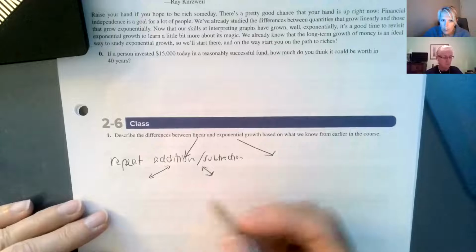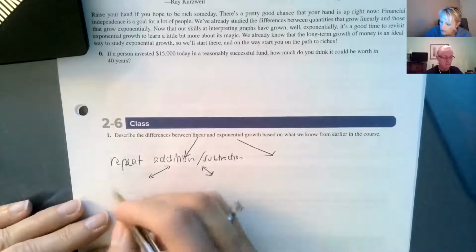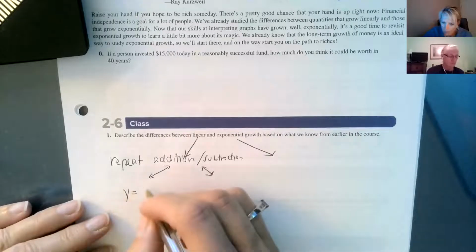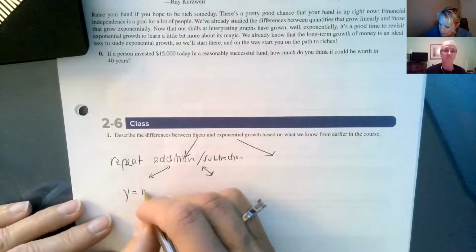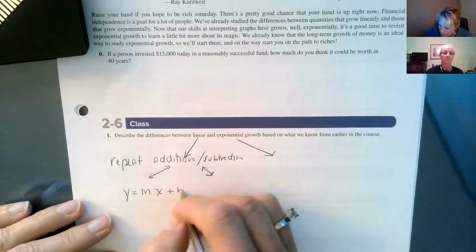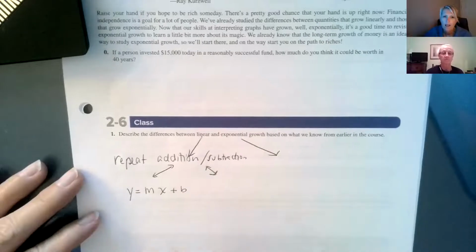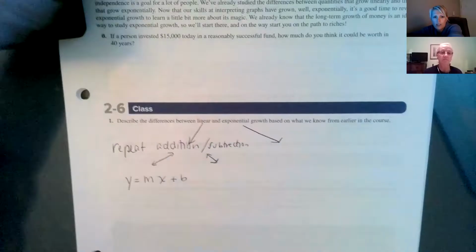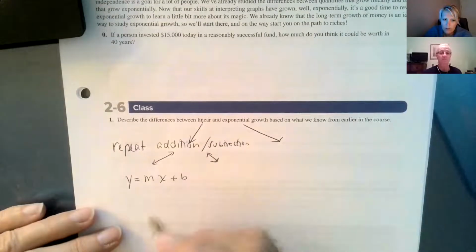And we know that when we have that repeat addition, then we can usually formulate this into an equation of y equals mx plus b. And then one of the worksheets asks you for parameters.